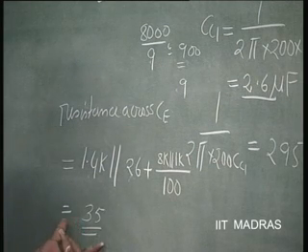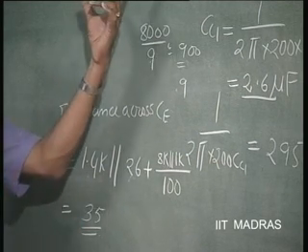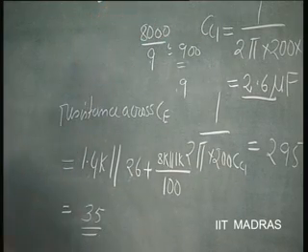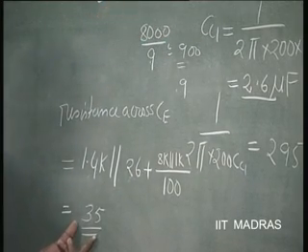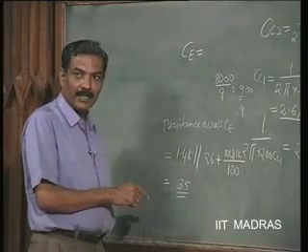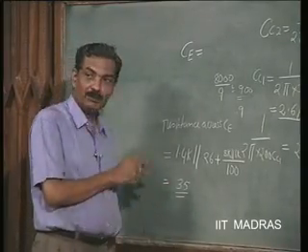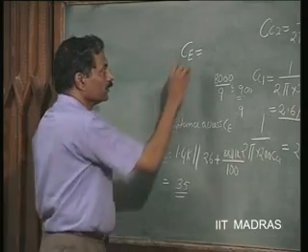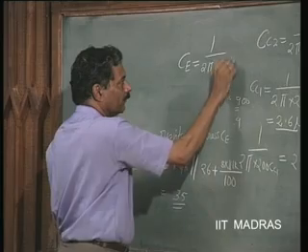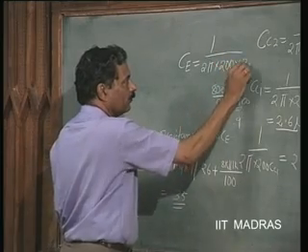You do not have to calculate these values exactly, because our selection of capacitor is always going to be the higher value than whatever is given. So, 35 ohms, that means this capacitor should act as a short circuit, and that reactance corresponds to 3.5 ohms. So, CE is equal to 1 over 2 pi F minimum into 3.5 ohms.